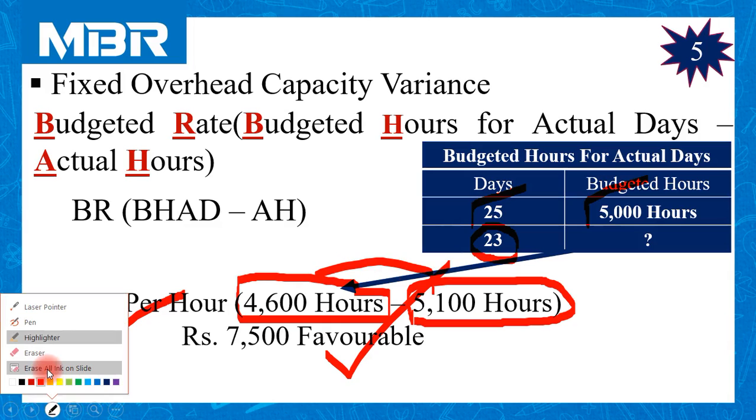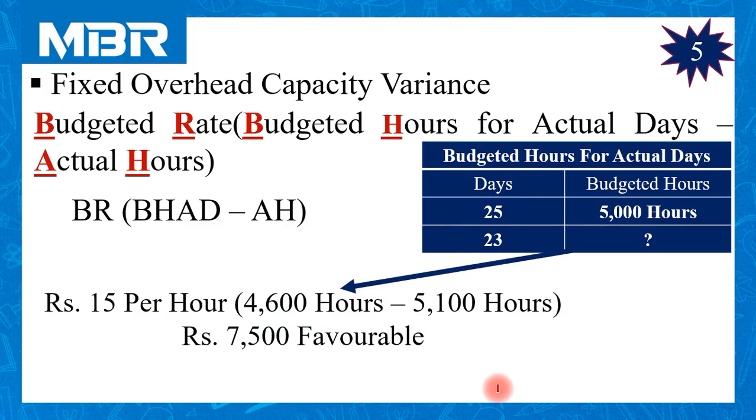After calculation of number 5, I would like to discuss the most important part of this solution. There is no change in fixed overhead cost variance, fixed overhead budget variance, fixed overhead volume variance, fixed overhead calendar variance, and fixed overhead capacity variance due to the IT information given in the question. But for the calculation of efficiency variance, it is affected.